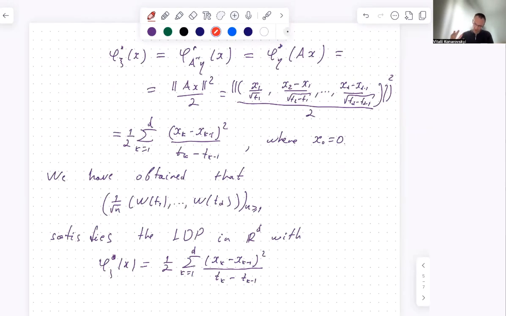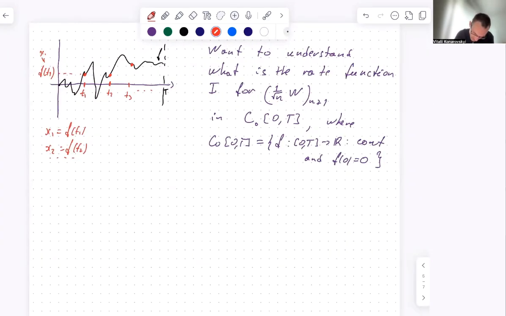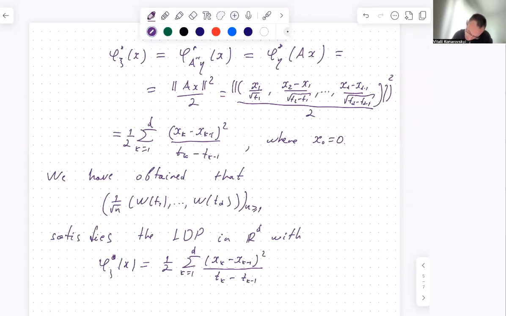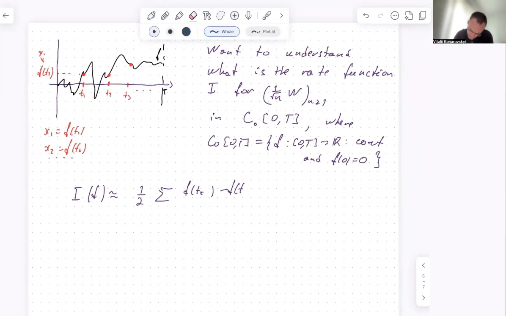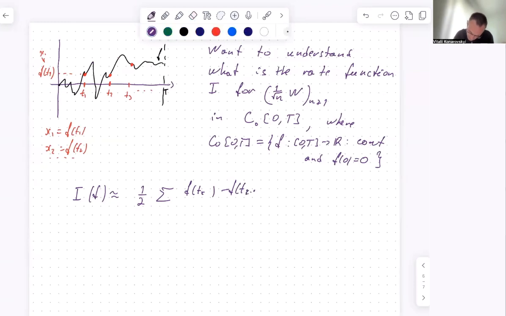So when you change the notations in that formula, you will see that the rate function I of f should be something like, at least for finite times, 1 over 2 the sum of (f of t_k minus f of t_{k-1}) squared, divided by t_k minus t_{k-1}.